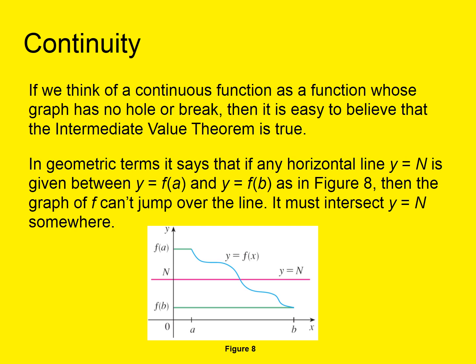It must intersect because of the continuity. Otherwise you'd have to lift your pencil from the paper, but we're assuming that can't happen. So going down the mountain, we know he's also going to be at 500 feet at some point.